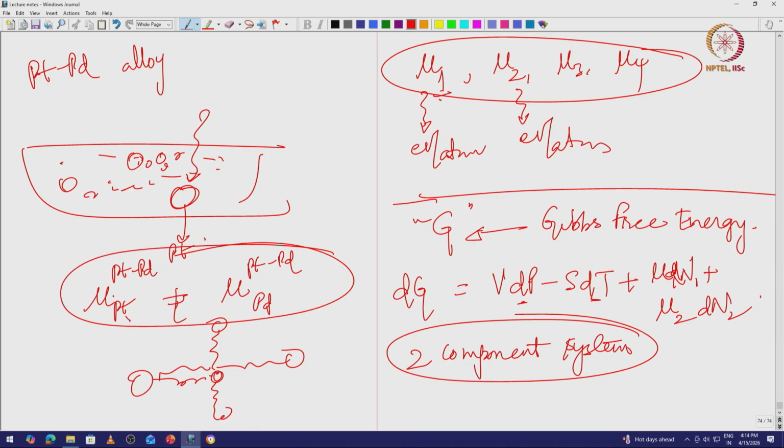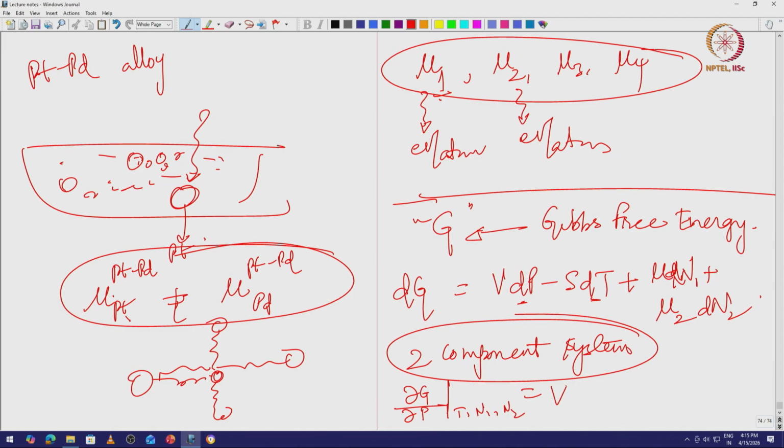Okay, so when I write like this, I can actually ask the question: just very quickly, some thermodynamic understanding of what is the volume of the material. The volume of the material is nothing but the differential. So if I change the pressure, how does the G change, right? So the G changes depending on the density or the volume of the material, right? So this is at constant temperature and at constant N1 and N2, that is the volume, right?